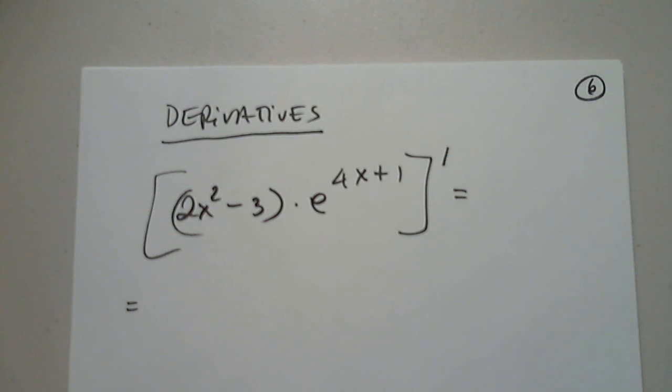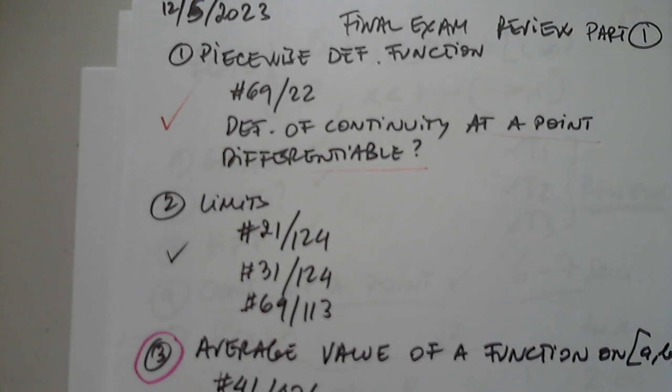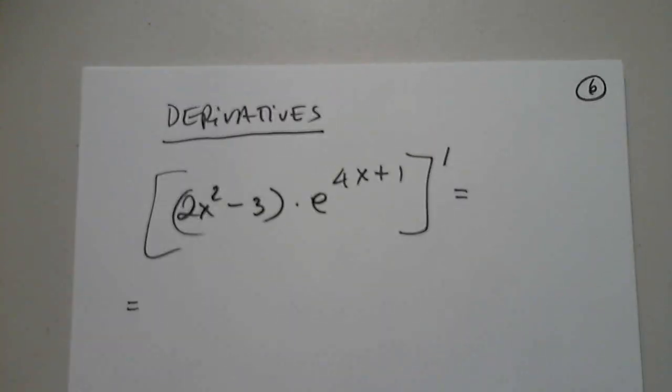What rule applies here? Which of the rules that we discussed? Or more than one, but at least the initial one that I need to apply. What will that be? What do you think?